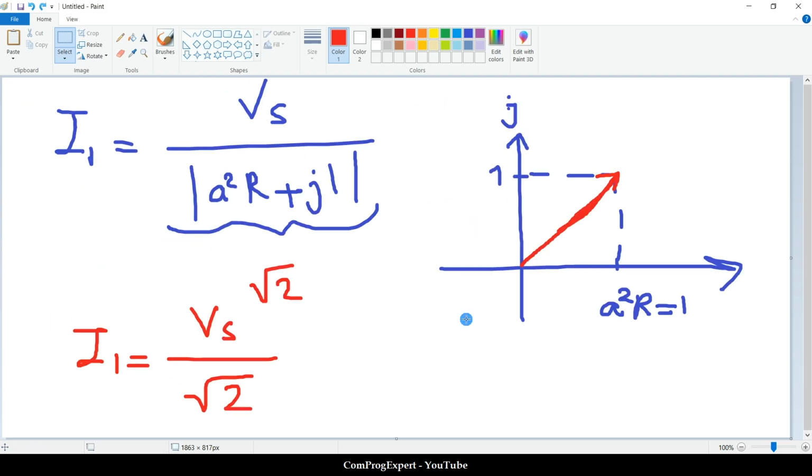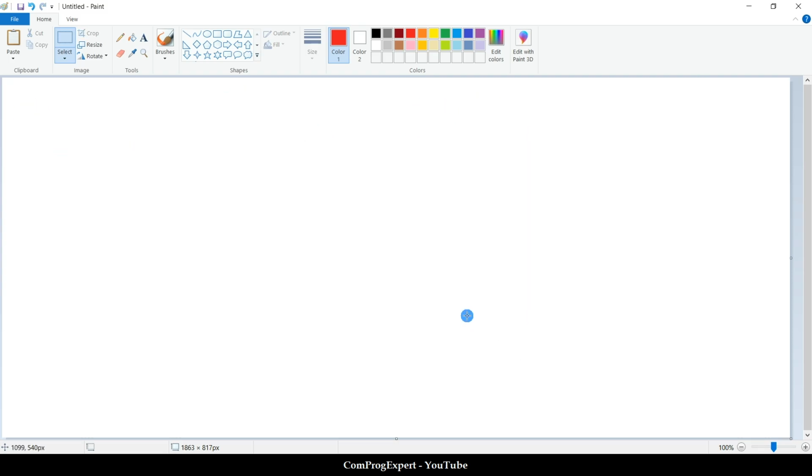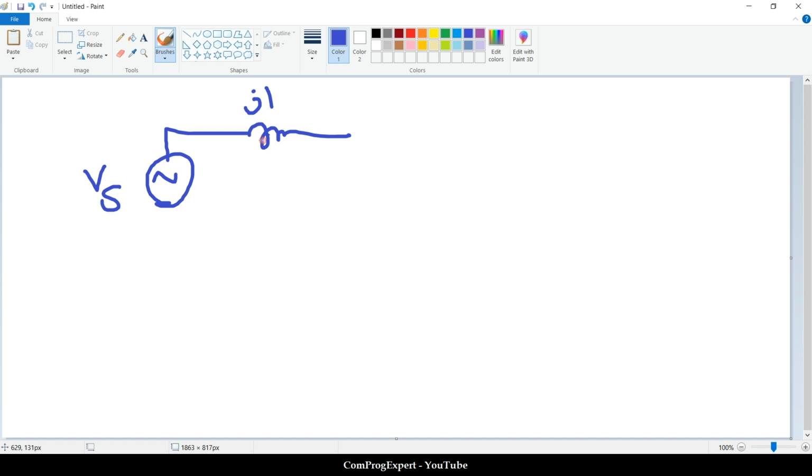The value of V1, the voltage on this element. Okay, this is Vs, this is the inductor j1, this is the load.